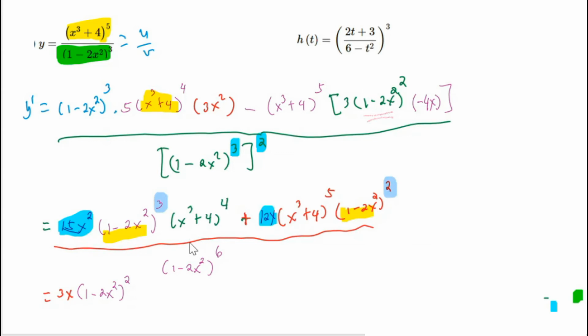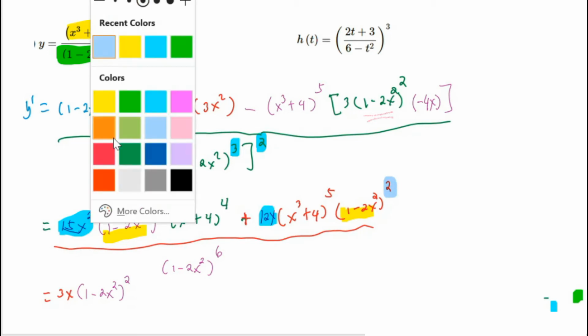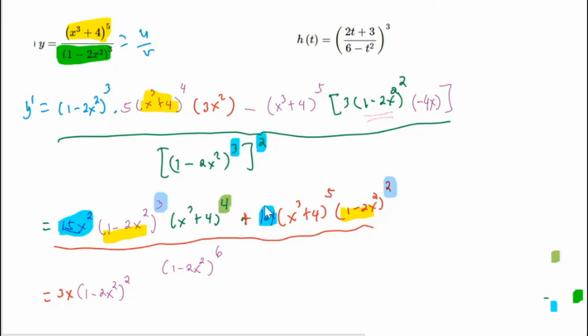Now let's move on to the next factor, to see if they have the same term on the second term. We have x cubed plus 4 to the power of 4, and we also have x cubed plus 4 to the power of 5. Between the two, the lowest exponent is 4.